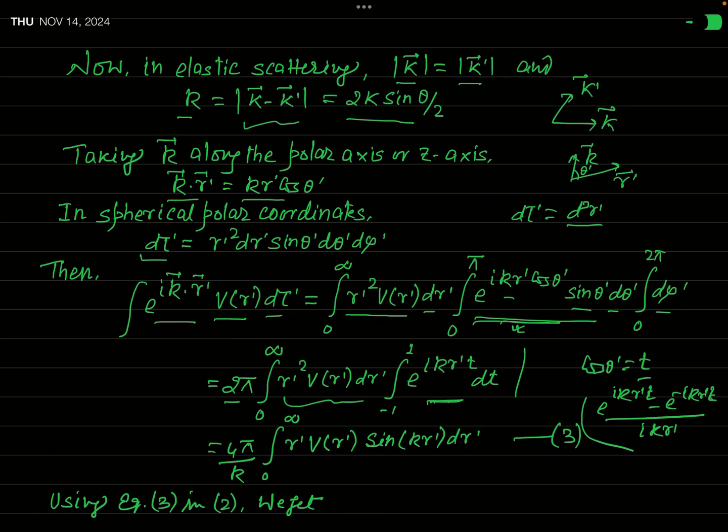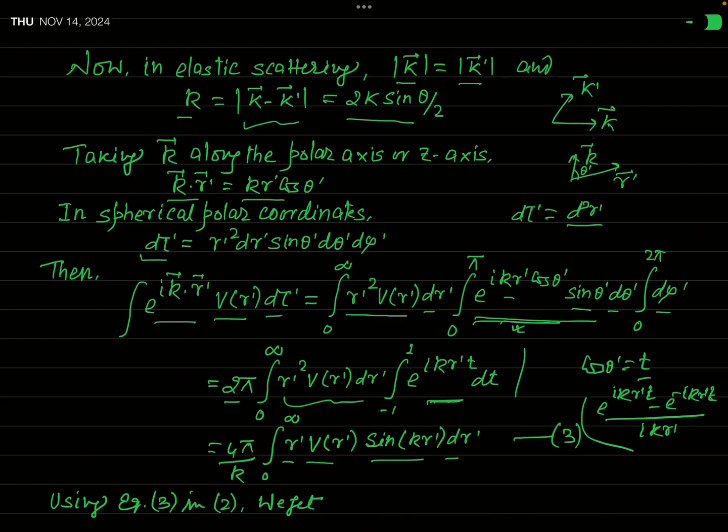And then you use the formula for sin theta equal to e to the power i theta minus e to the power minus i theta divided by 2i. After using that formula, this integral comes out 2 times this much. Okay. So now this integral becomes 4 pi over kappa times integral 0 to infinity r' V of r' sin kappa r' dr'.